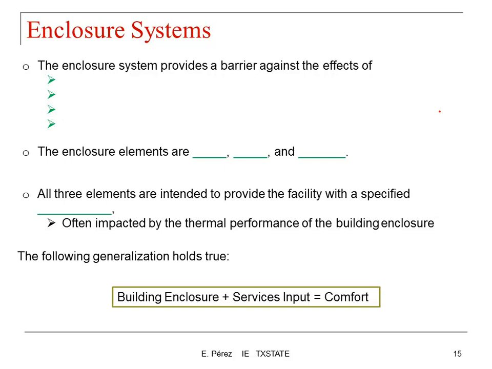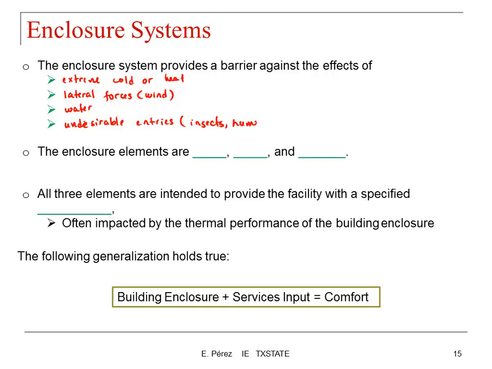The enclosure systems provide a barrier against the effects of extreme cold or heat, lateral forces such as the wind, water, and other types of undesirable entries like insects or subjects that are not related to the facility, so humans.